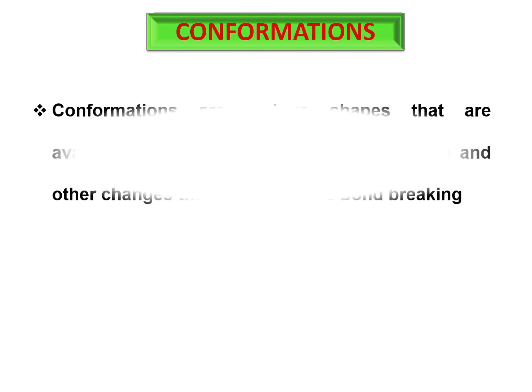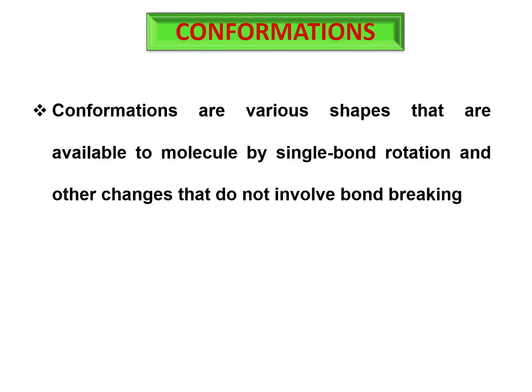Now we'll discuss conformational analysis of alkanes in more detail. But first, conformations are actually the various shapes that are adopted by a molecule just by rotation around a carbon-carbon single bond.